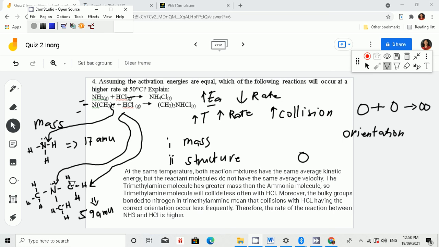Therefore, the rate of reaction between ammonia and HCl is higher. Again, in this problem the activation energy and temperature are equal, so what remains is the mass and the structure. All right, that's all.